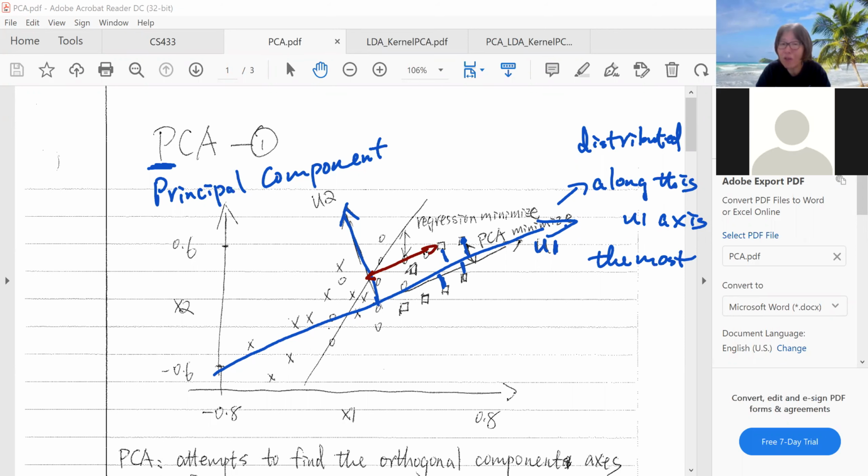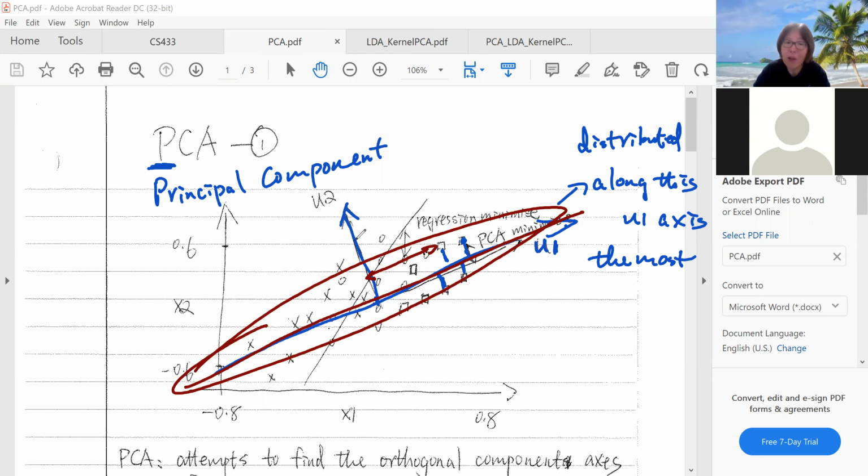Along this U1 direction, it is spread out the most, because along U2 it is spread out much, much less compared with U1. So in this case, our U1 is the principal component.